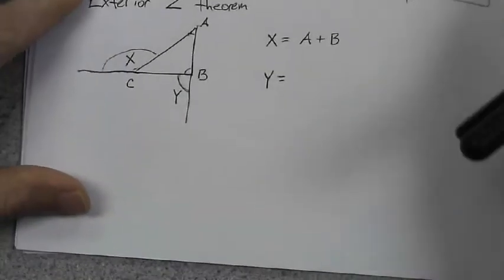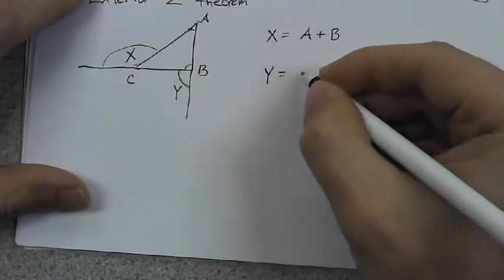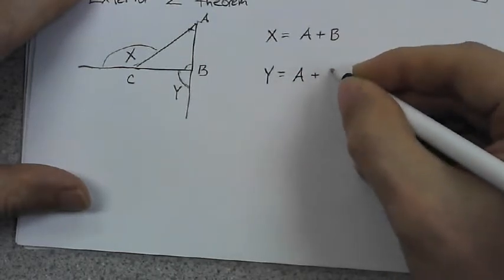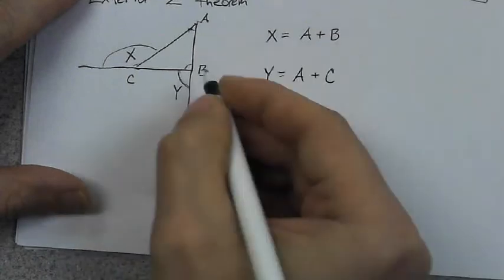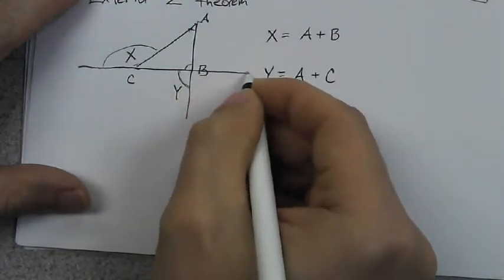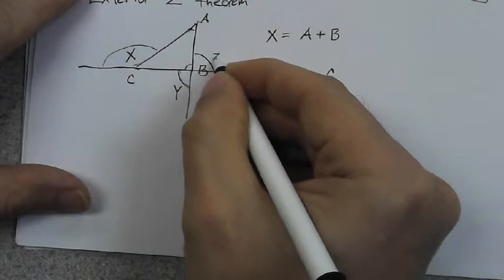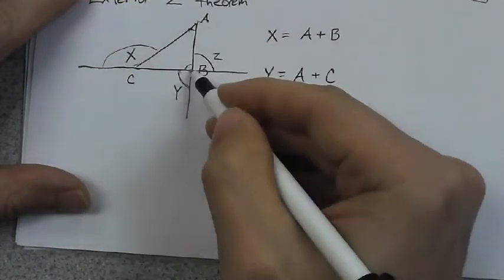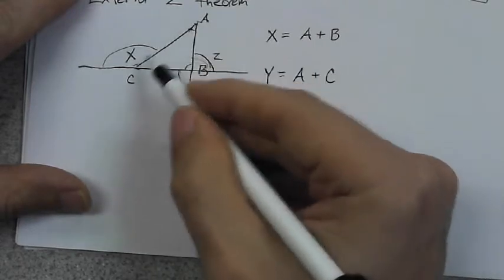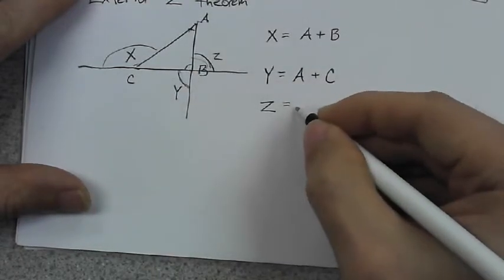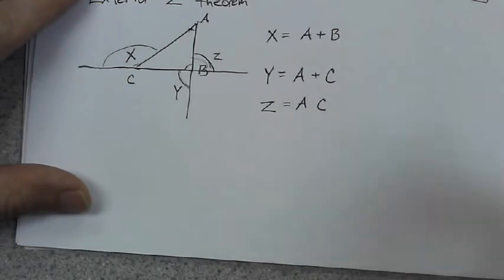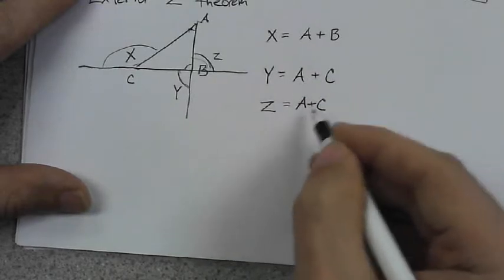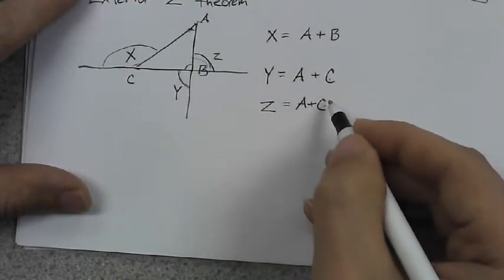So we're going to say y equals the measure of angle A plus the measure of angle C. What if I extended it in this direction and I called this angle Z? I would say the measure of angle Z equals the two opposite ones of this exterior, A and C. Notice that these are the same, A plus C, A plus C.